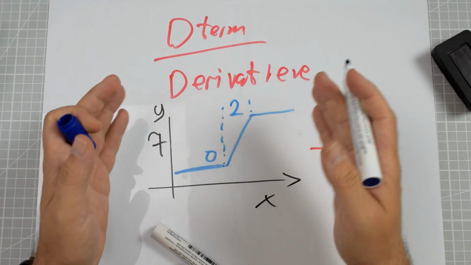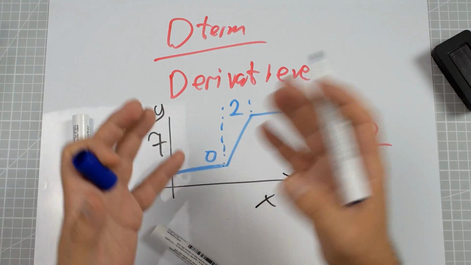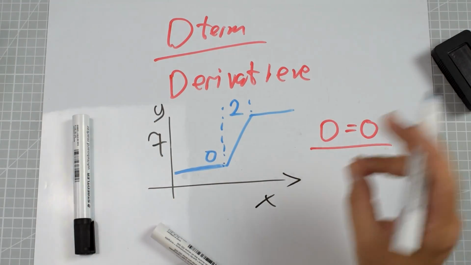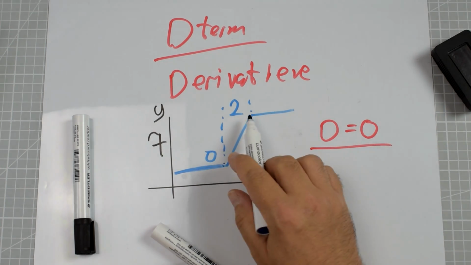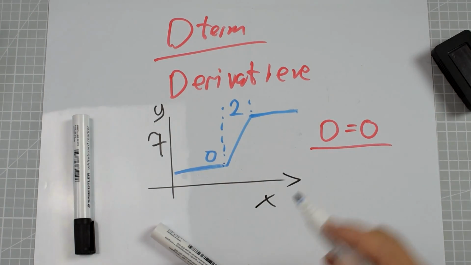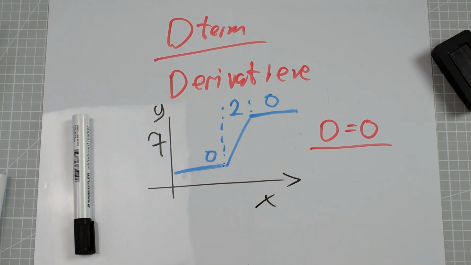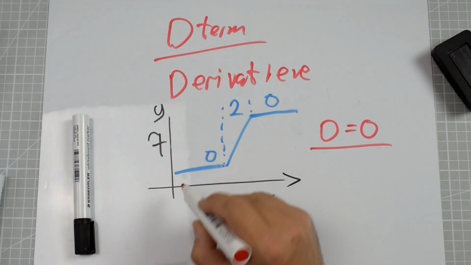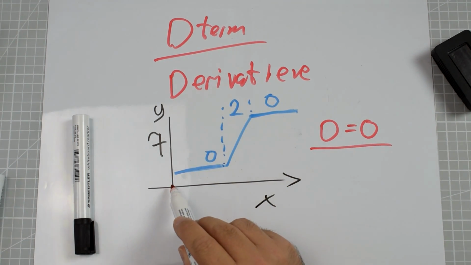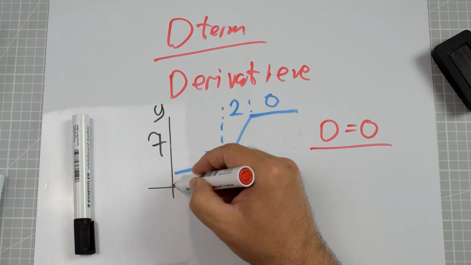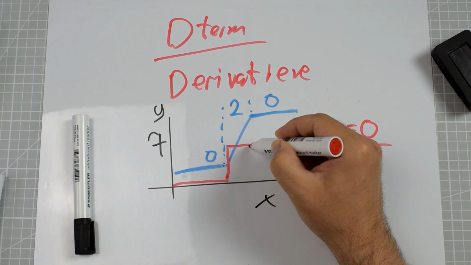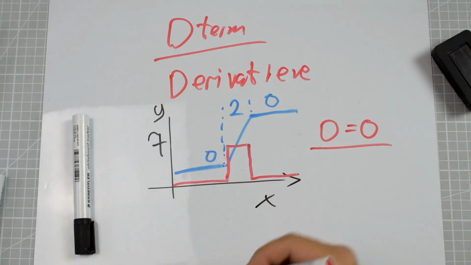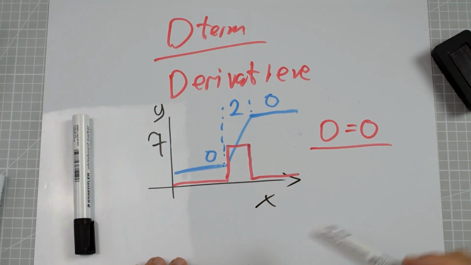Of course, we do not know the x, so we cannot compute it in a better way. And what's the value of the derivative on this leg of the signal? Once again 0. So if we would put the D-term, the derivative, on the same graph, we would have a value like that. 0 goes to 2 for this period of time and then goes down to 0 again.